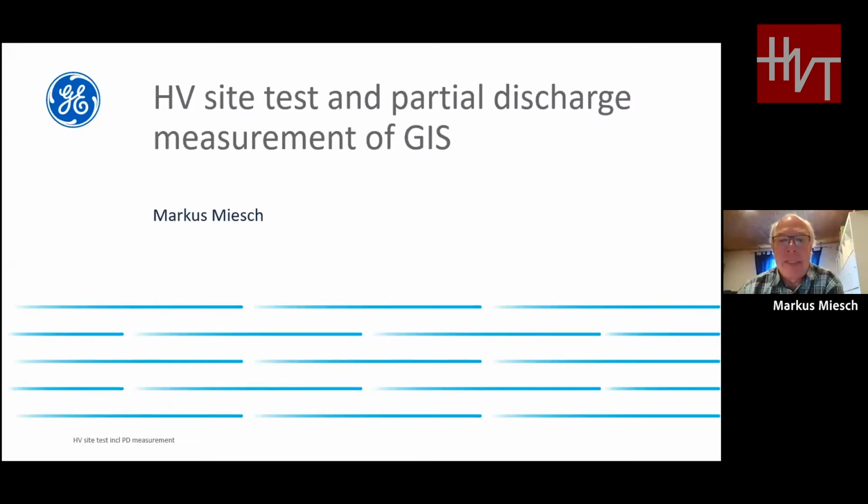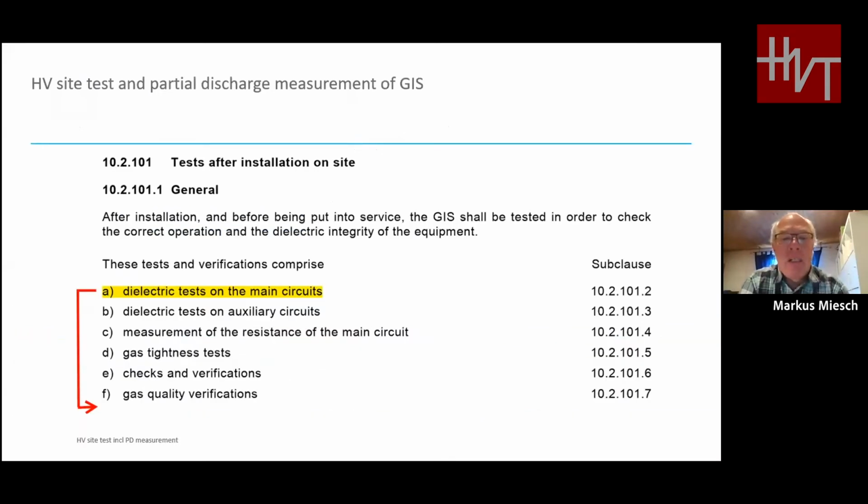In the IEC Standard is a list of all the tests to be done after installation on site. After installation and before being put into service, the GIS shall be tested in order to check the correct operation and dielectric integrity of the equipment.